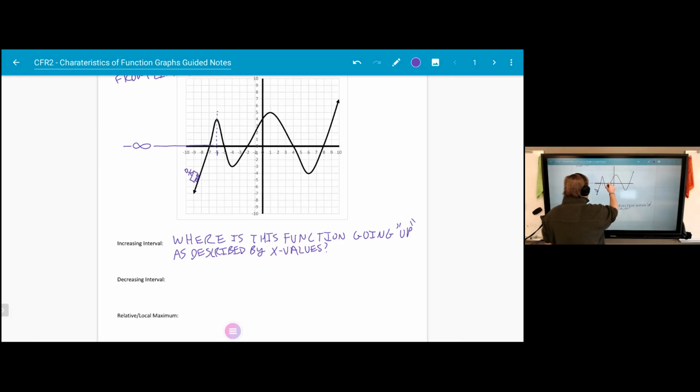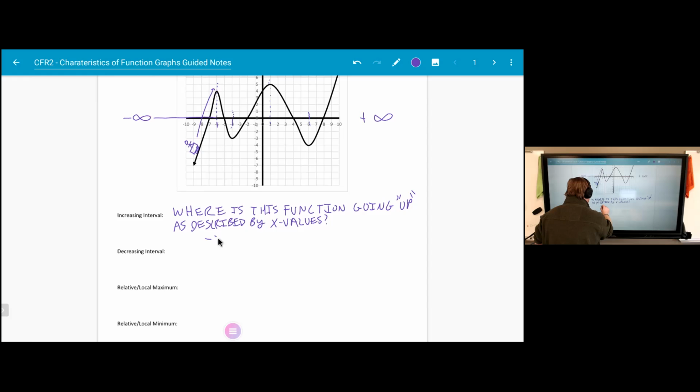I'm also going up from right here to right here, and then also going up from here all the way out to positive infinity. But we're describing x, because going up and going down takes care of the y values. So from negative infinity to -6 is an increasing interval.